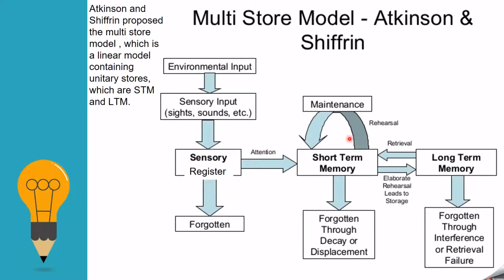Then what happens is this thing called rehearsal. To prevent short-term memory from decaying or being forgotten, you must rehearse what you've paid attention to in order for it to stay in short-term memory for a long period of time.